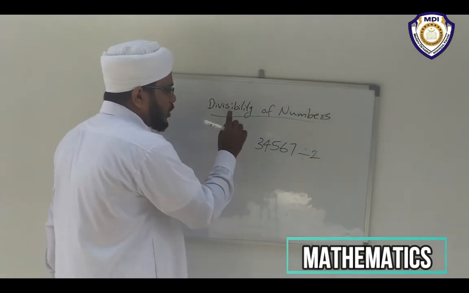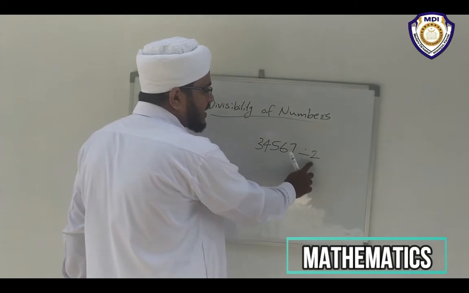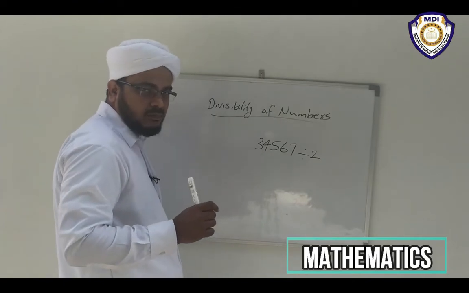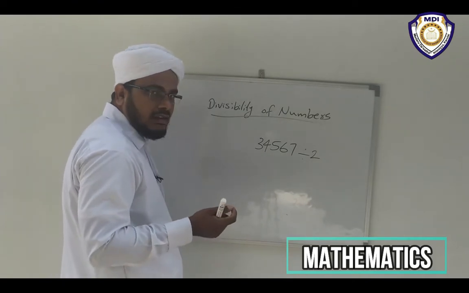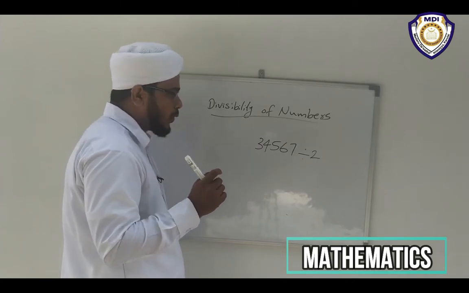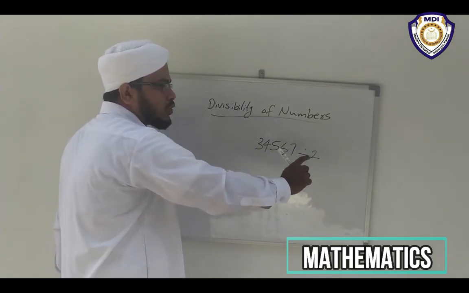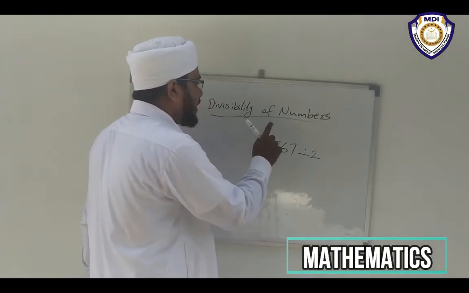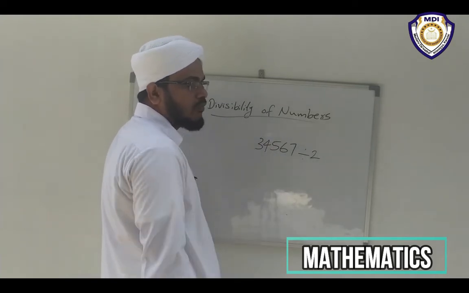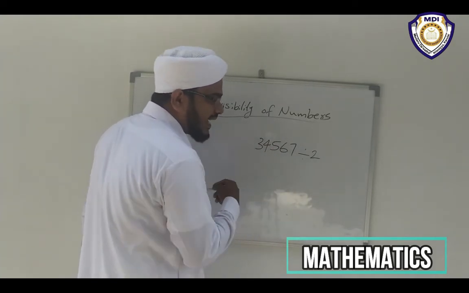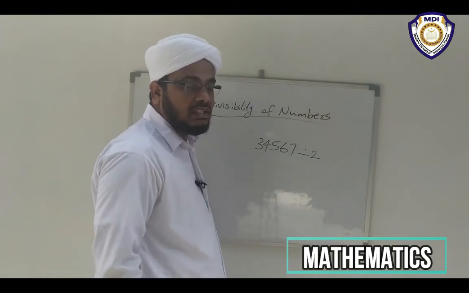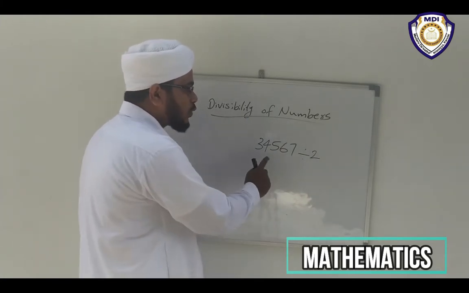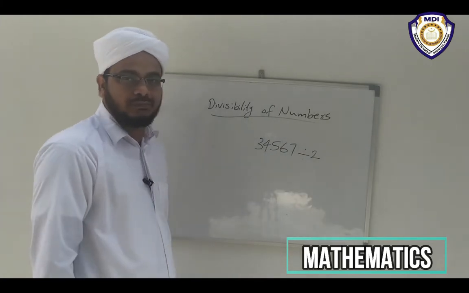I mean, you cannot divide this number by 2 without any remainder. Why? It is not divisible by 2 because this is not an even number, this is an odd number. At the place of ones, there is 7. That is why it cannot be divided by 2.